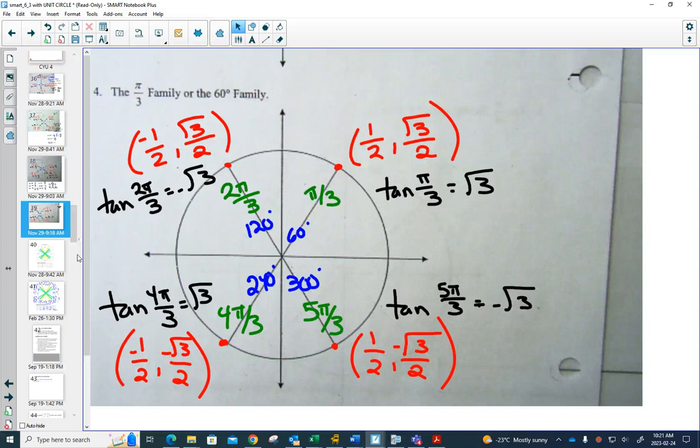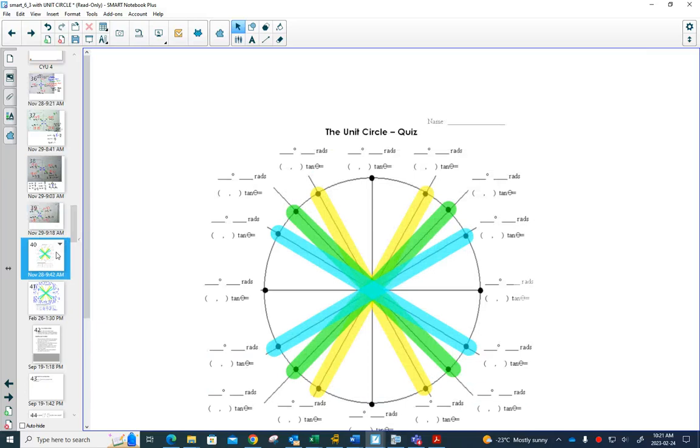One of the things that I recommend is color coding. So here I have all my pi over 4 family in green, all of my pi over 3 family in yellow, and all of my pi over 6 family in blue. Because if you know something about it in quadrant 1, you can say the same coordinates all the way through, right?